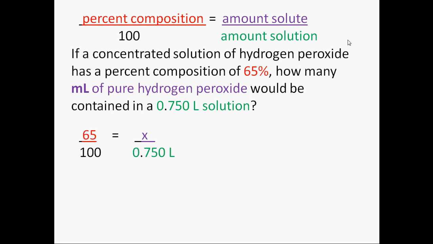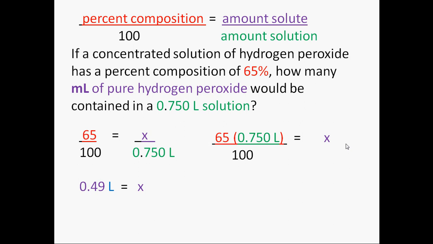Now in order to get x by itself, I'm going to multiply both sides of this equation by 0.750 liters. Okay. And when I multiply that all through, I determine that by pouring out 0.750 liters of solution, that contains 0.49 liters of just pure hydrogen peroxide with all the water removed.